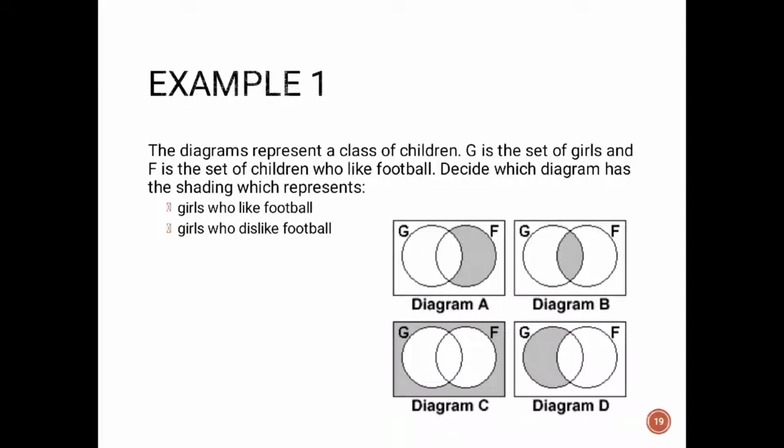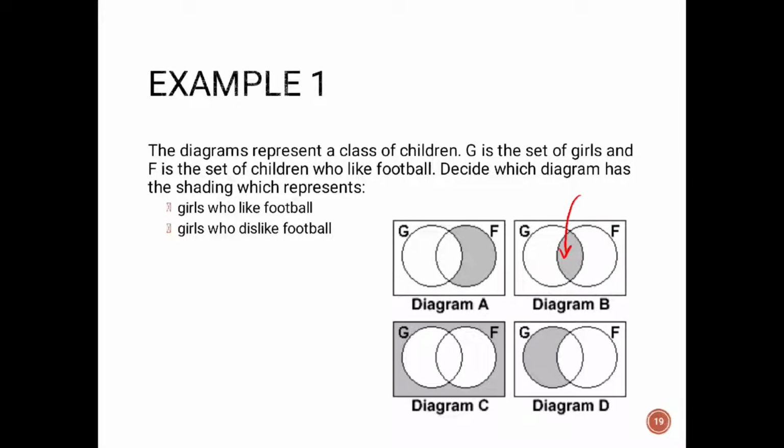I would say diagram B, because the intersection region here represents girls who like football.